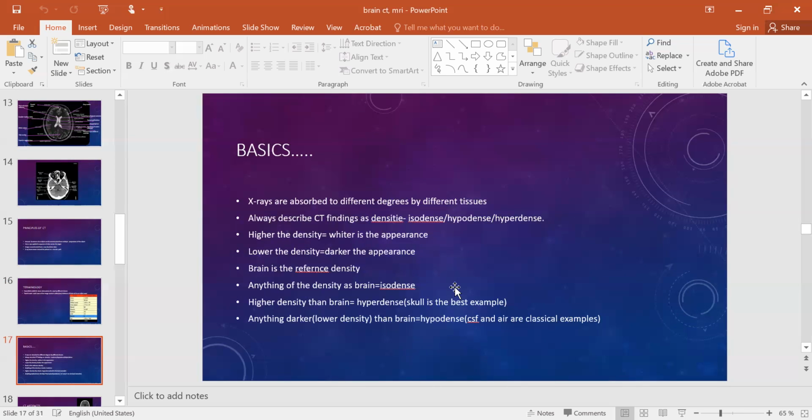The brain is the reference density, so we compare everything to brain density. Anything of the same density as brain will be isodense. Higher density than brain will be hyperdense. For example, the skull is the best example of this, because the skull is white on computed tomography, and it will be hyperdense.